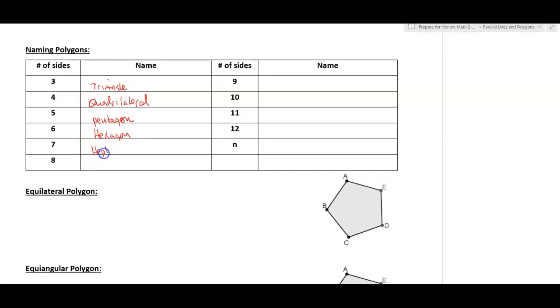Seven sides would be a heptagon. Eight sides would be an octagon. Nine would be a nonagon. Ten would be a decagon. Eleven would be a hendecagon. Twelve would be a dodecagon.